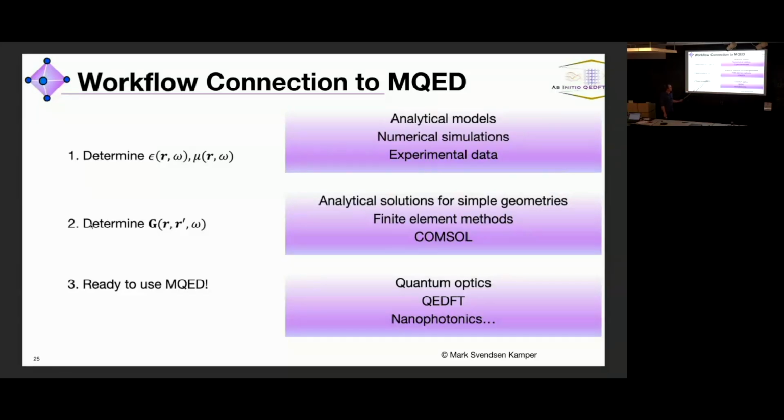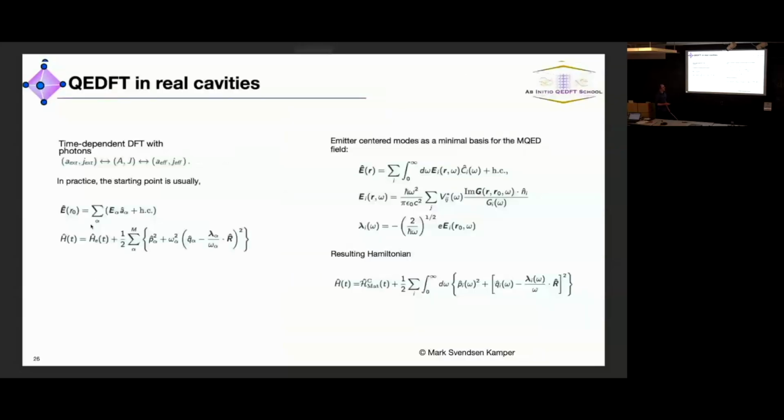Once you have that, because it's ready-to-use macroscopic QED, we can feed it into QEDFT. So how do we do that? He showed this already. This is what we need. Here's our Hamiltonian, and how light and matter couple is via these constants, lambda and omega, the coupling strengths and frequencies.